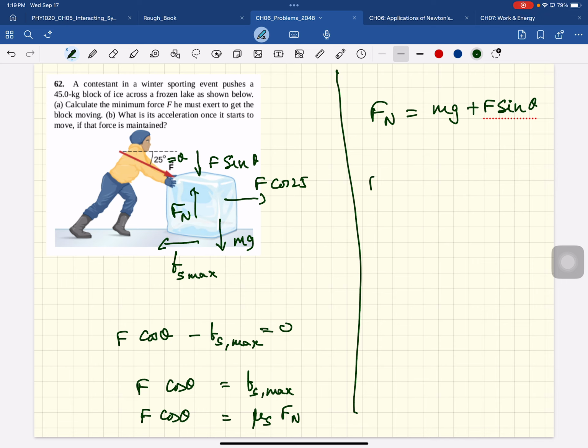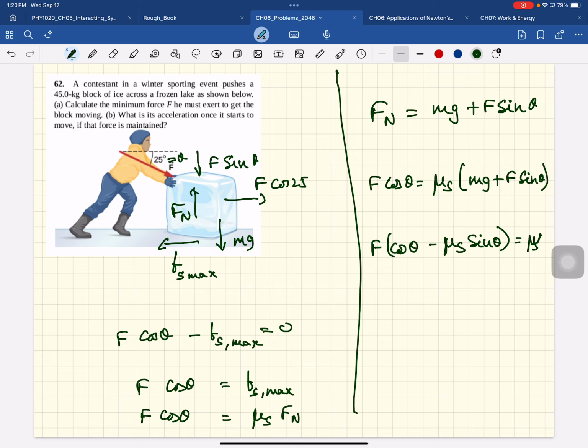All right, so F cosine theta equals mu s times mg plus F sine theta. So what we want to solve for is F cosine theta minus mu s sine theta equal to mu s times mg.